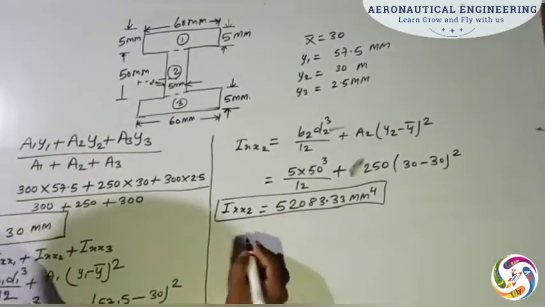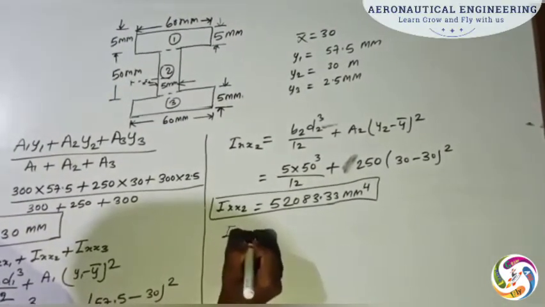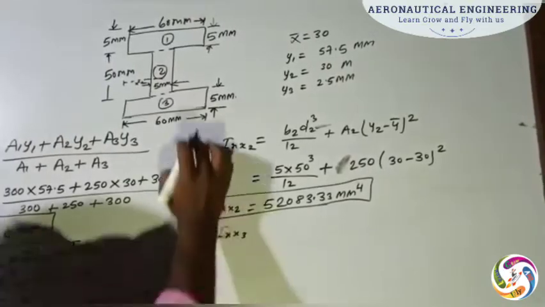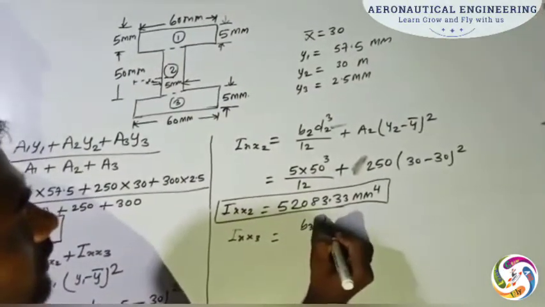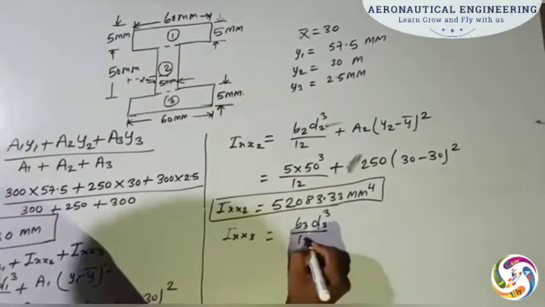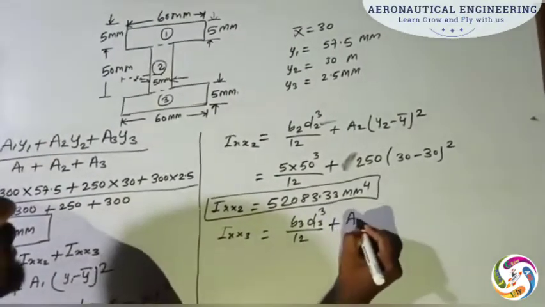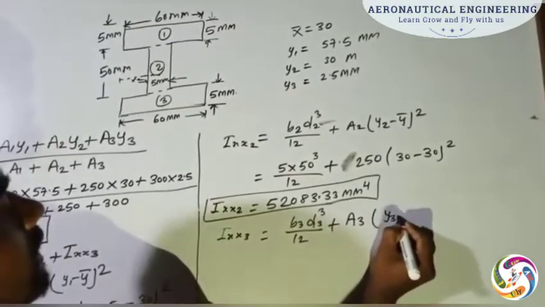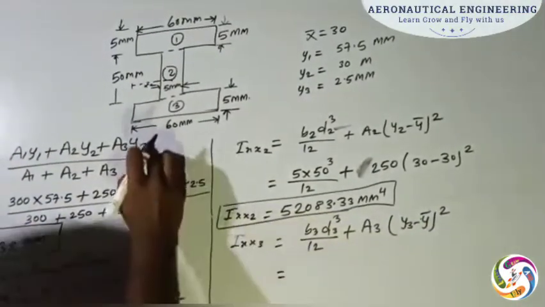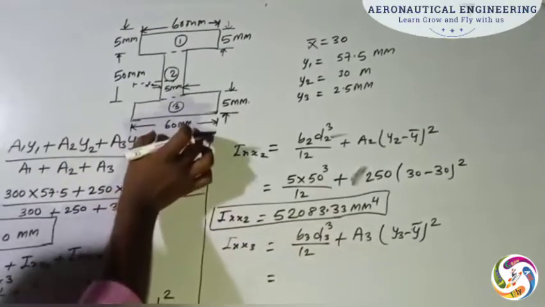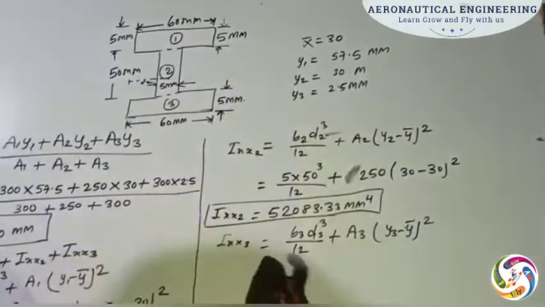Similarly, we have to calculate the Ixx3 value, the moment of inertia for the third section. So b3 d3 cube upon 12 plus A3 (y3 minus y bar) all square. In the third section, b value is 60 mm and d value is 5 mm.